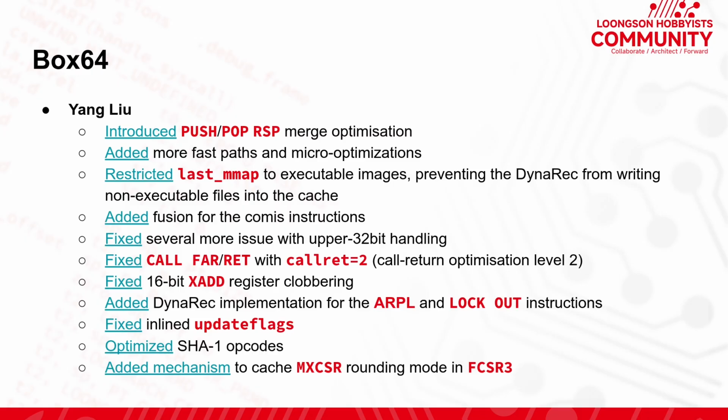Before we implemented the SHA-1 opcodes using C helpers, because LoongArch does not have any SHA-1 instructions we can use, so we have to do it in software. But this time we implemented it using some inline assembly, mainly instructions from the LSX extension. So it's a tad faster than before.